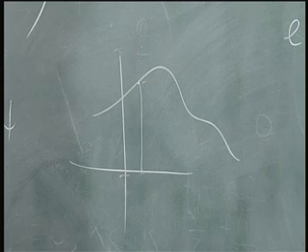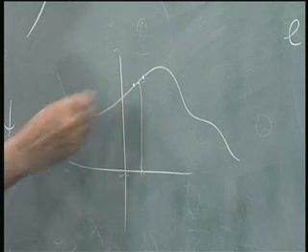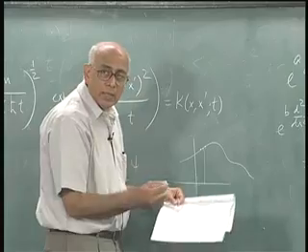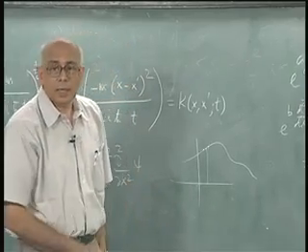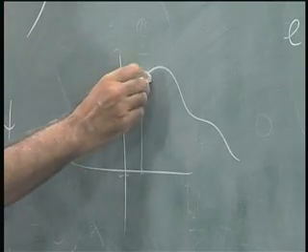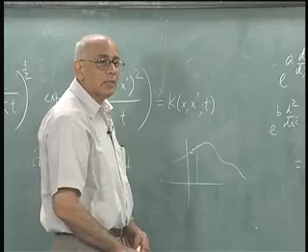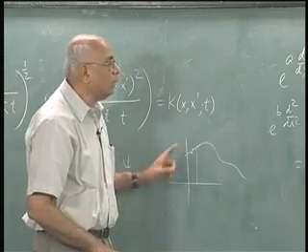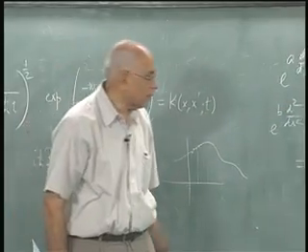Now if I differentiate this function, then I need to know the value of the function at two neighboring points so that I can take the slope. If I would like to find the curvature at that point, slope is not enough, I need to take the second difference. That means I go a little further and take the difference of the differences and so on. So in a sense, to go a finite distance, you need an infinite number of derivatives, and that is what is happening here too.